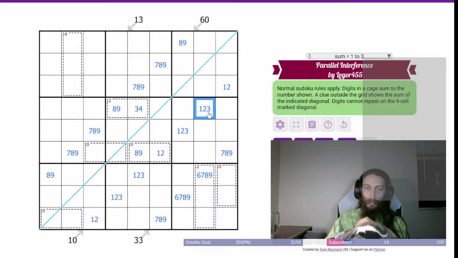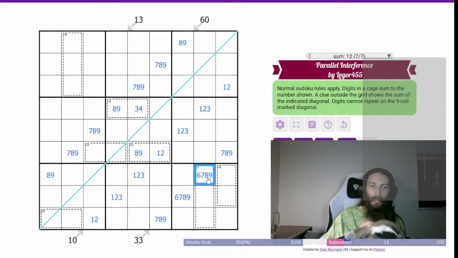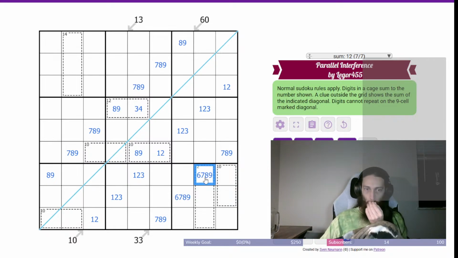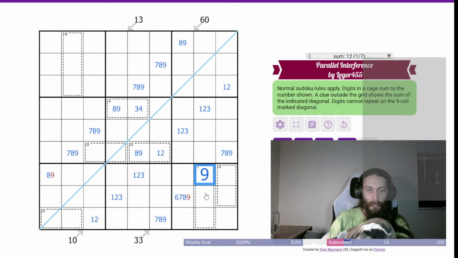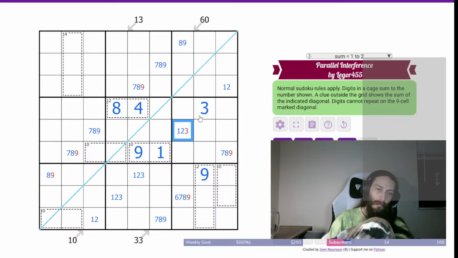Unfortunately, this being allowed to be a 3 means this can still be a 9. Right. Although, if this was a 9, you'd have a 1-2 pair here and a 3. This would have to be for an 8, 9, and 1. Oh, that would be just fine, because that wouldn't require another degree of freedom.